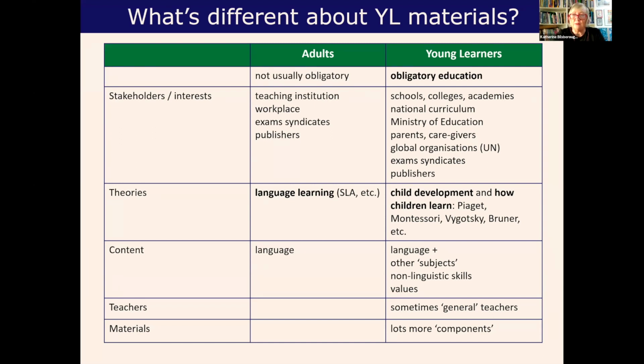And then there's a difference with the teachers, sorry. So usually when it's adults, you have an English teacher. But with young learners, the teacher might not necessarily be a specialized English teacher. And that means that when you're writing materials, what you should do is always think about a teacher who might not have a particularly good level of English or knowledge of English.